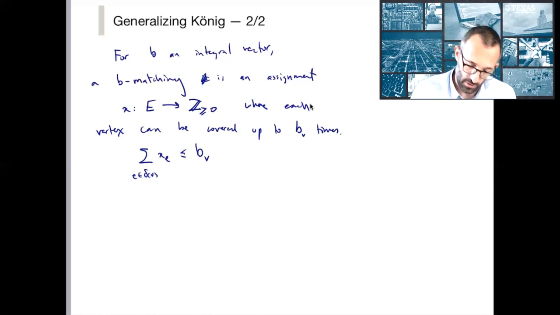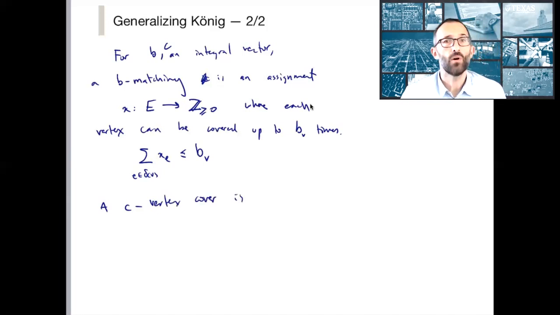And similarly, for any integer vector c, a c-vertex cover is an assignment where now we don't have the requirement that every edge is covered by a vertex at least once, but rather it's covered at least c times.